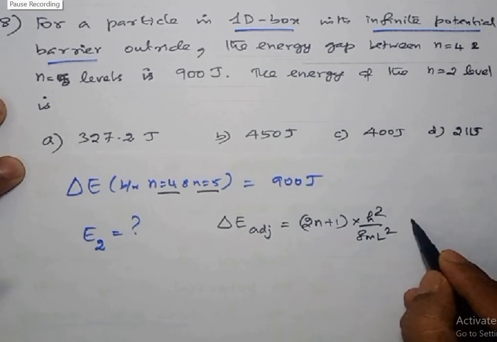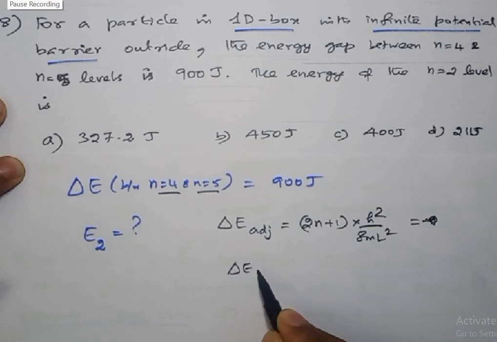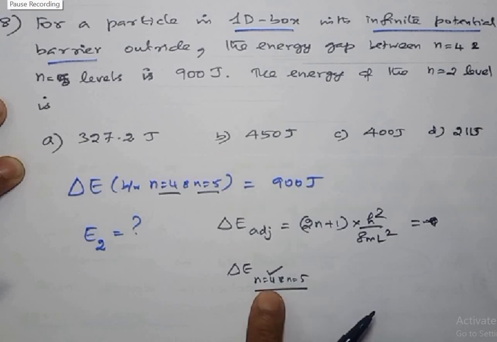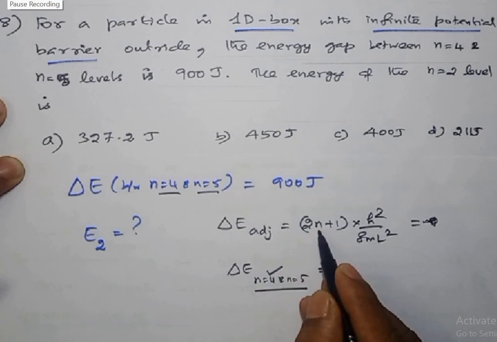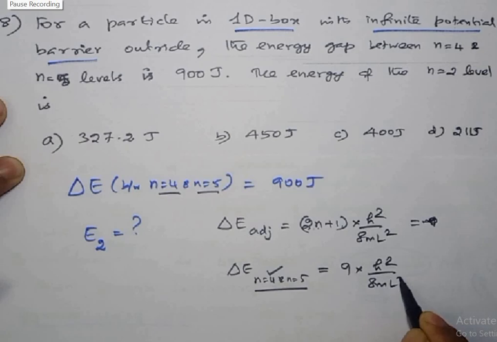Listen, you should always choose the lower value of n here. What is the lower value? 4. Put 4 here. 4 into 2 is 8, 8 plus 1 is 9, into h square by 8ml square equals 900 joules.